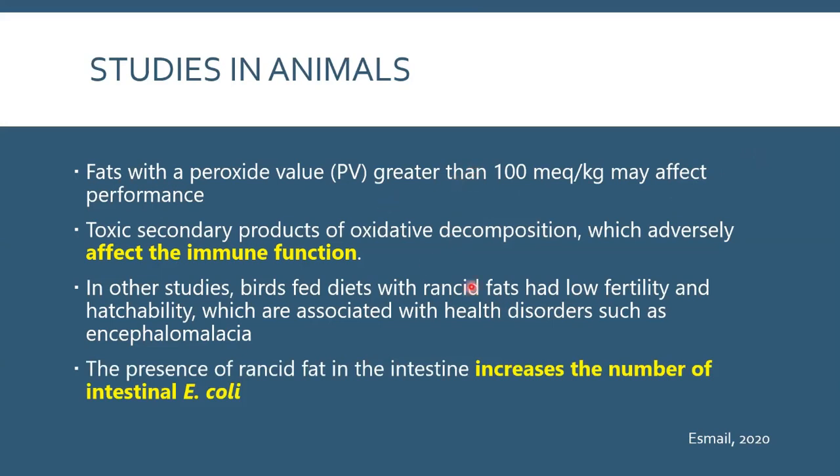And the presence of rancid fat in the intestine increases the number of intestinal E. coli. So it tends to drive the balance towards the negative side, such as increasing the level of E. coli.